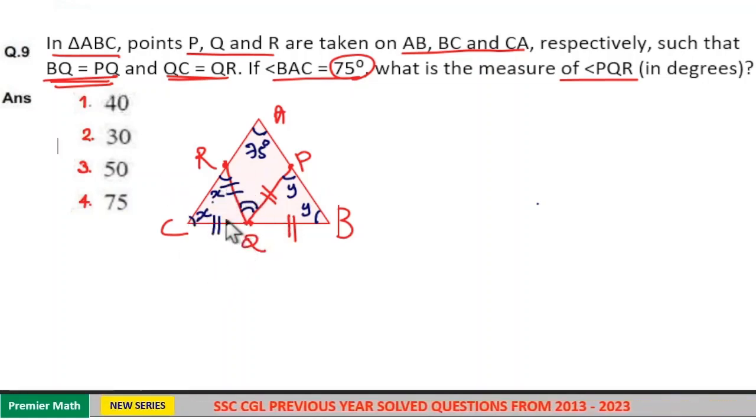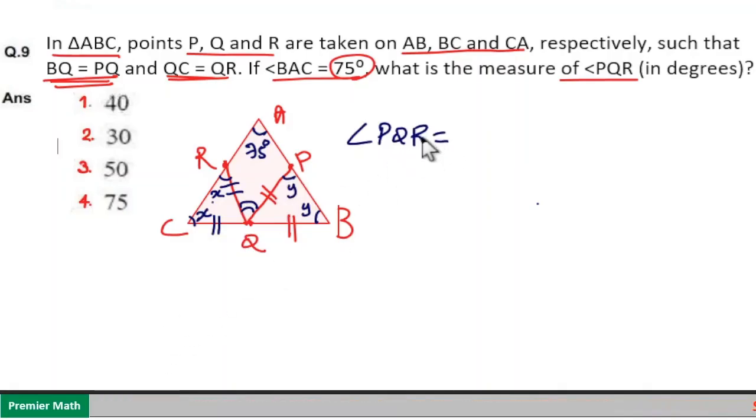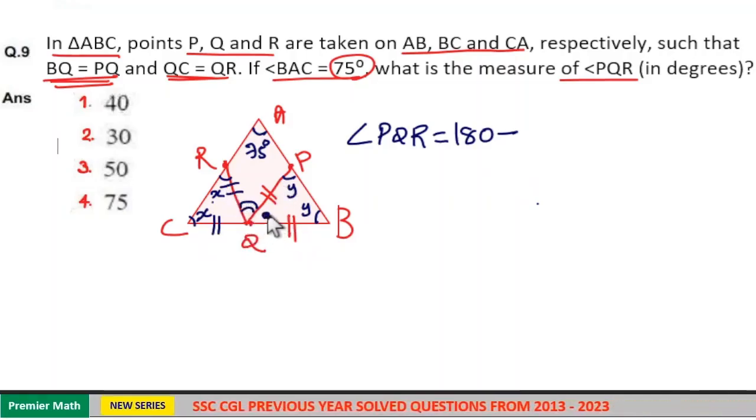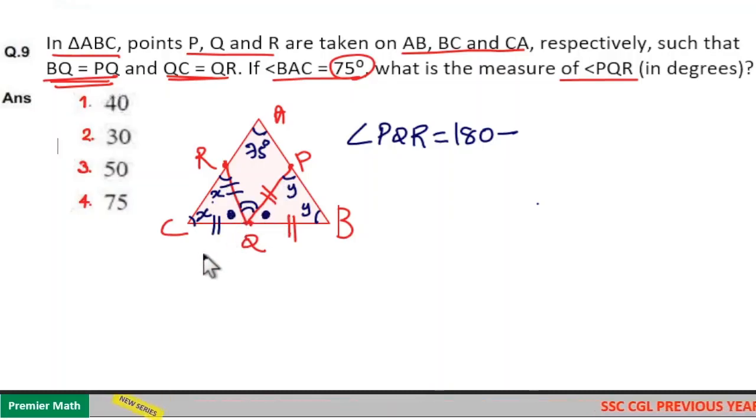In that case, we have to find angle PQR, which is equal to 180 minus, that is, here BC is a line and the sum of angles on a line is equal to 180 degrees. So this angle PQR is equal to 180 minus this angle plus this angle. That is, 180 minus 2x.